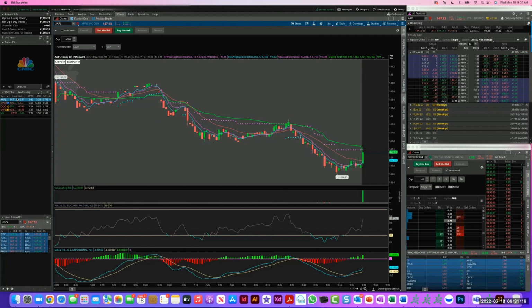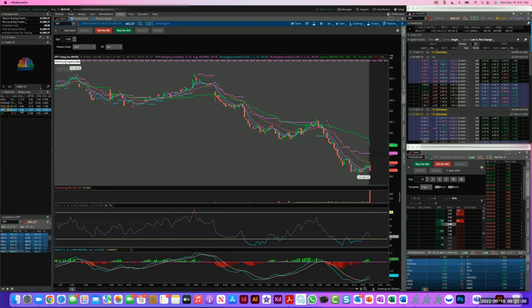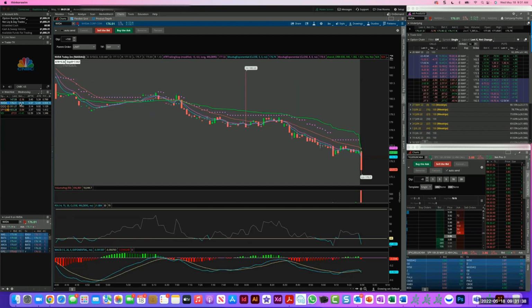And so Apple has made a turn. No indication from the Qs that that is validated. Nothing from the SPY. All right, so the 5-day EMA on NVIDIA is at 176.07. So right now it looks like it's going to bounce off the 5-day EMA, 176.07. And that appears to be what's happening here.